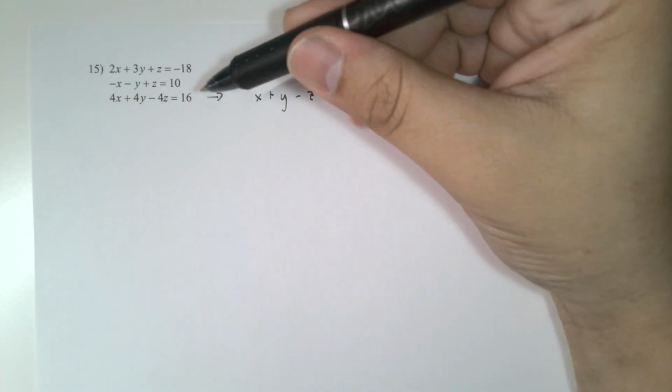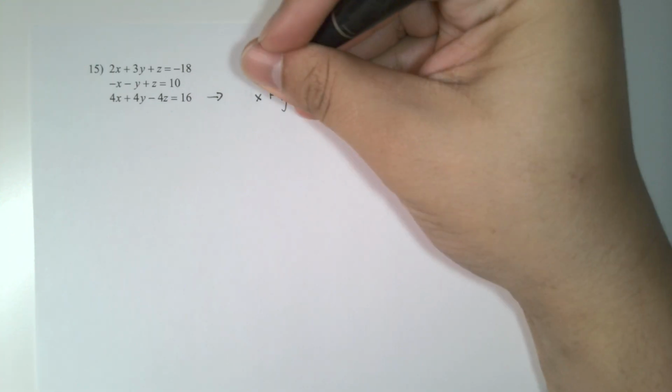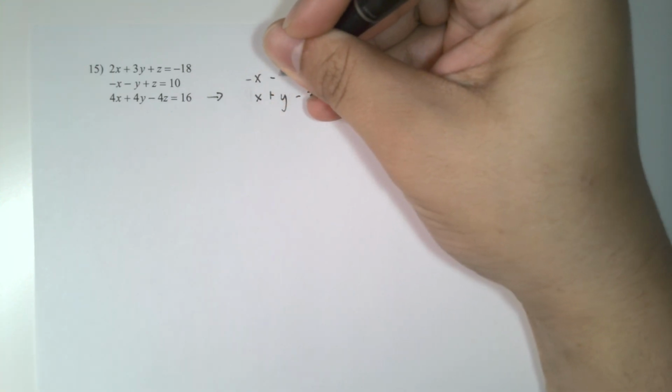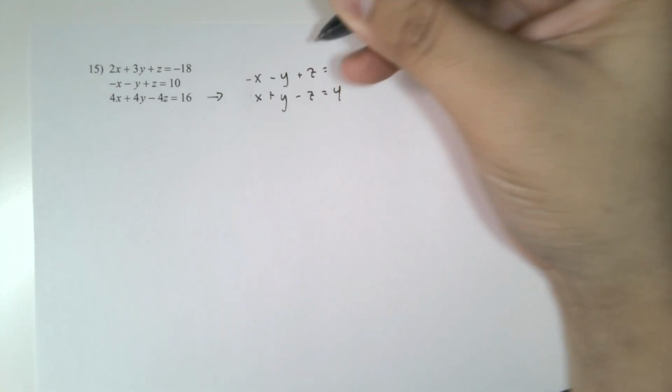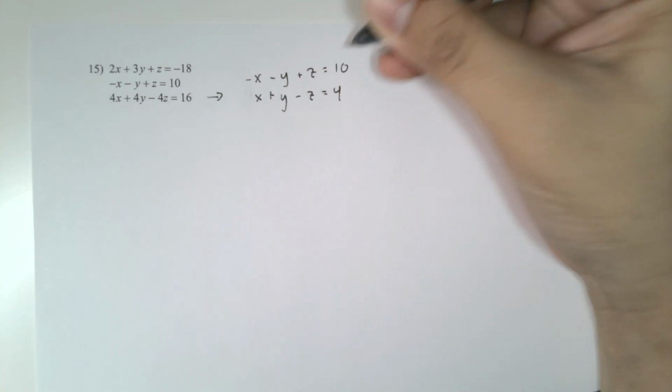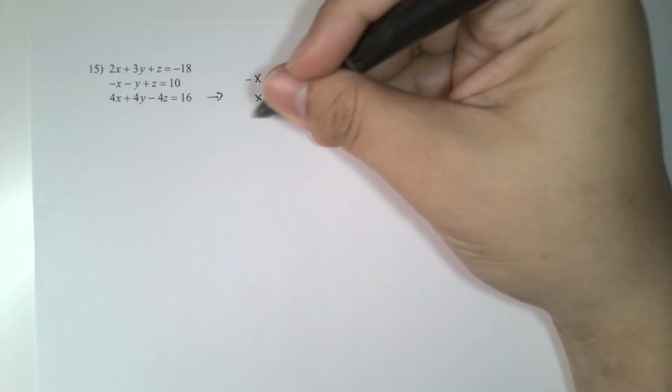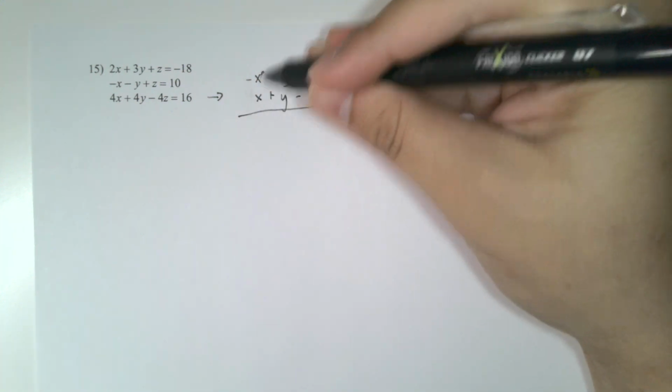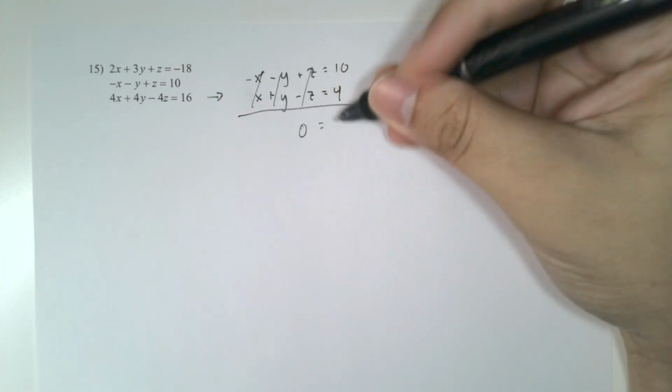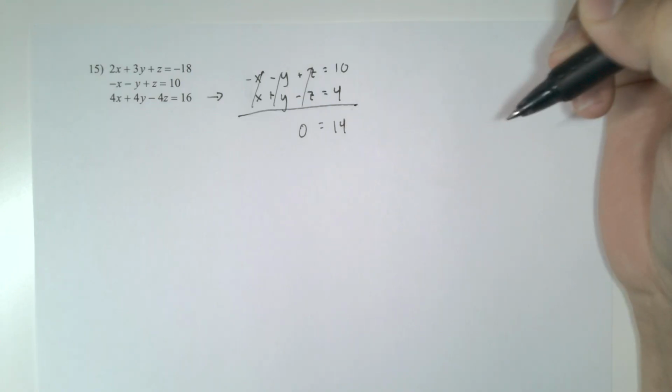And well, look at the middle equation. You have negative x minus y plus z is equal to 10. Huh. If we add those two together, 0 is equal to 14.